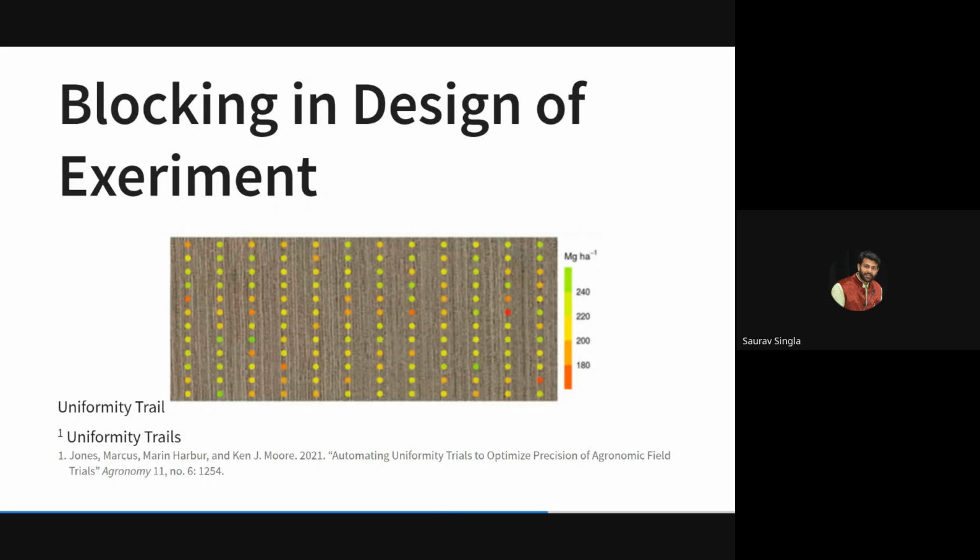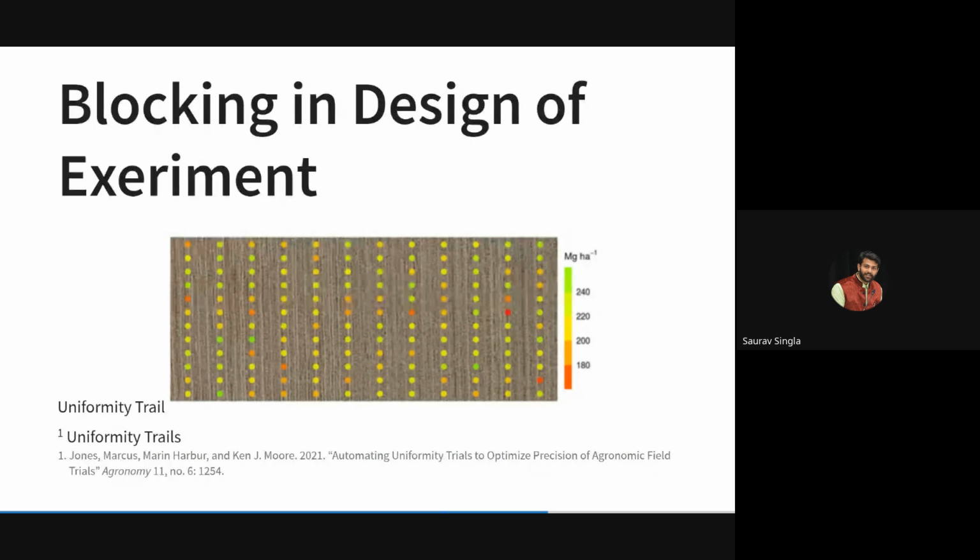So we are not putting any treatment here. We are putting the same variety throughout the field. However, due to the difference in the soil type, the availability of nutrition in that particular small place, the availability of sunlight, the availability of water, and so many things.